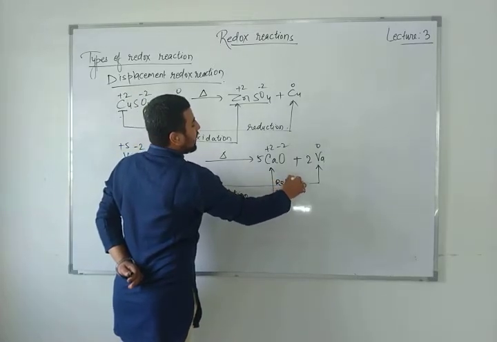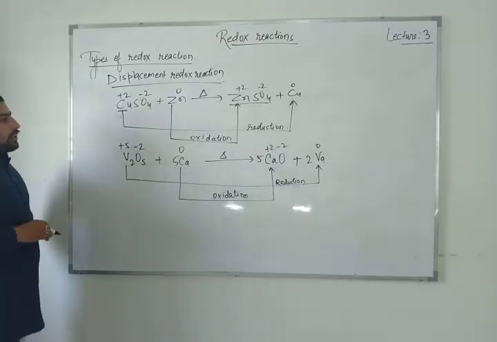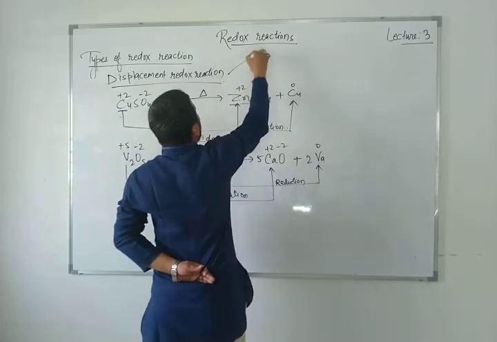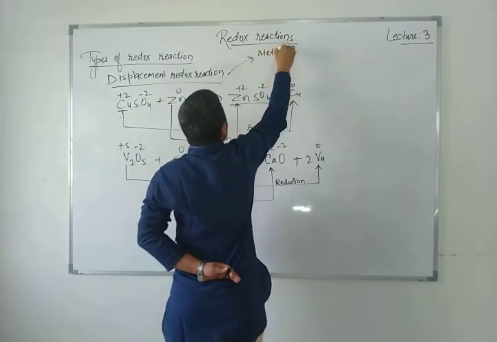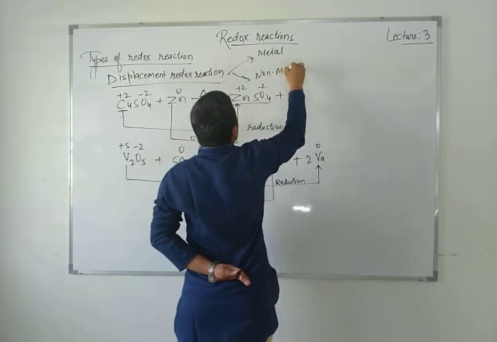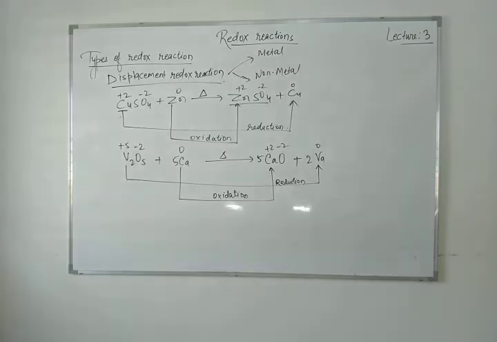So we can say this reaction is a metal displacement redox reaction. As I have already informed you, there are two types of displacement: one is of metals and the other is of non-metals. So these are the examples of metals, as you can see: copper sulfate, vanadium pentaoxide, and I will give you one more example.